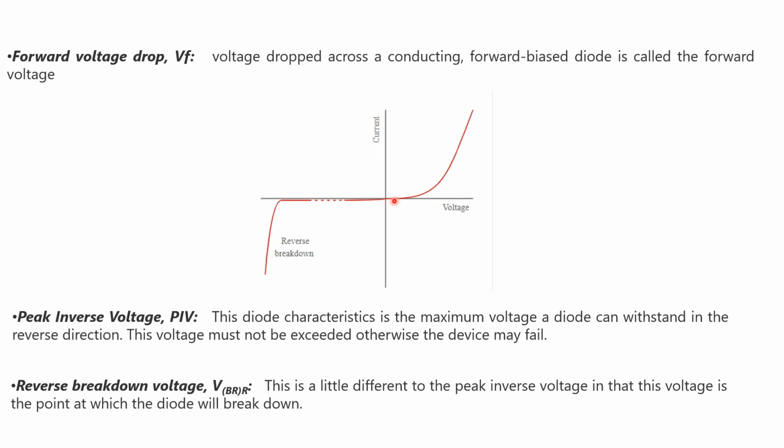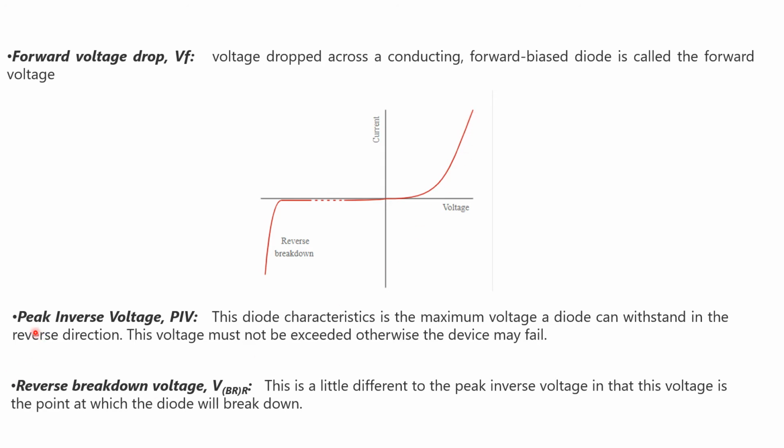If you see, the x-axis is voltage and the y-axis is current. Once you cross a certain amount of voltage, that is called the forward voltage drop, and it will always be there in these devices. Suppose you are giving 1.5 volts and it drops 0.6, then what passes through the other circuitry after the diode will be around 0.8 volt. And once it is crossed, the current goes exponentially high.